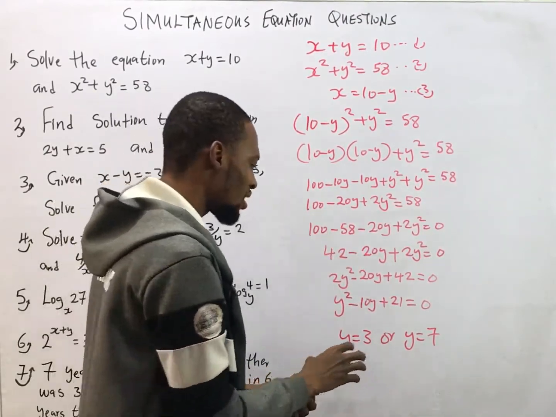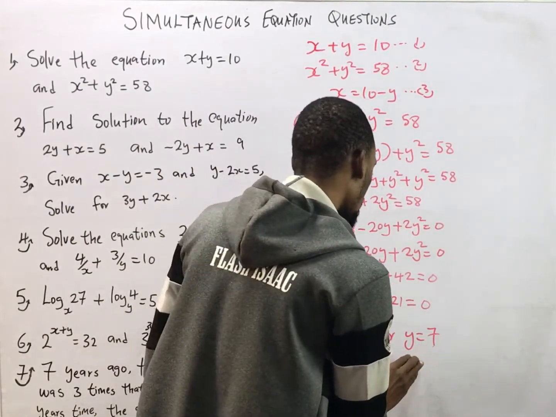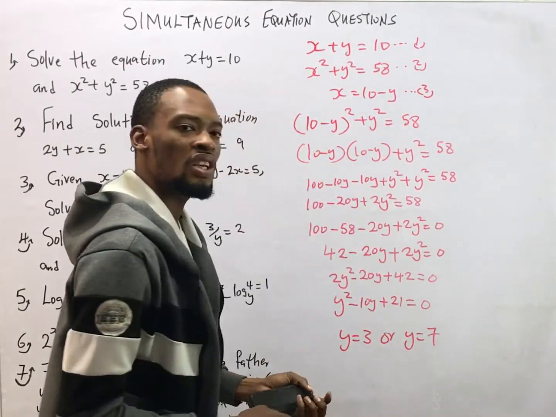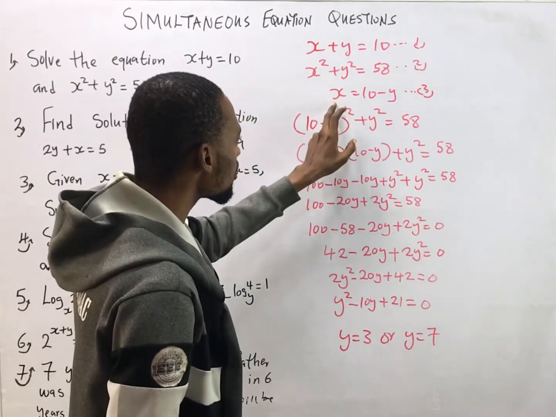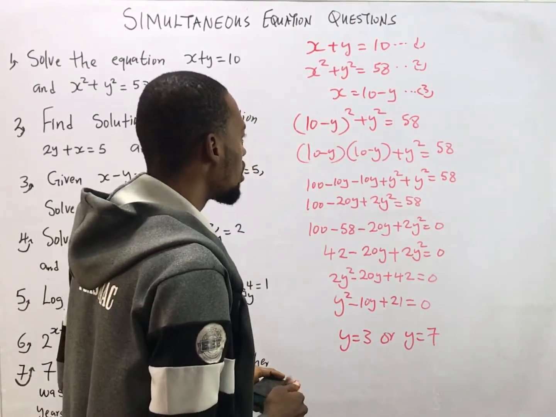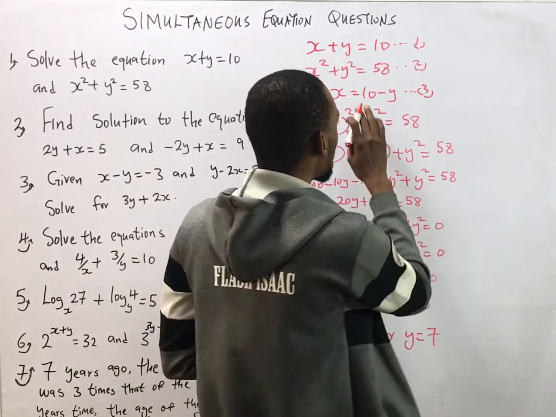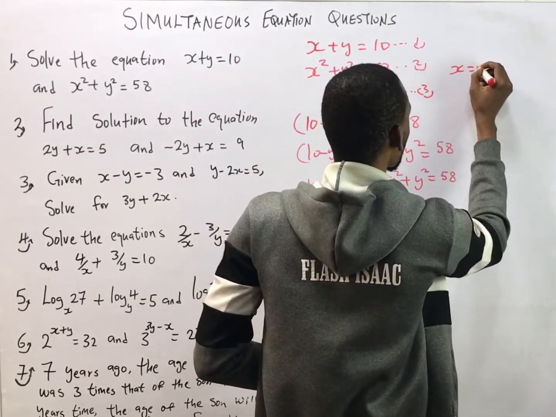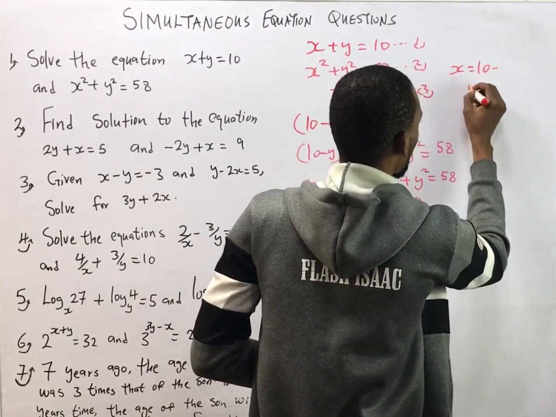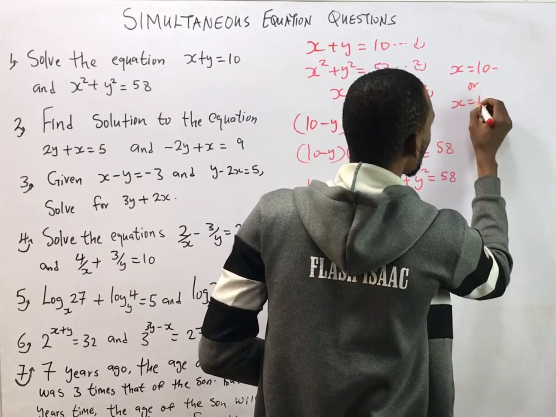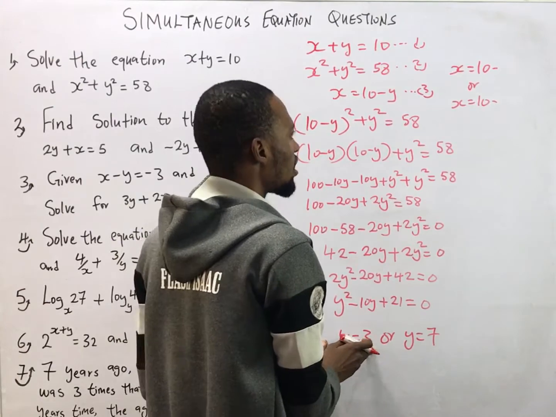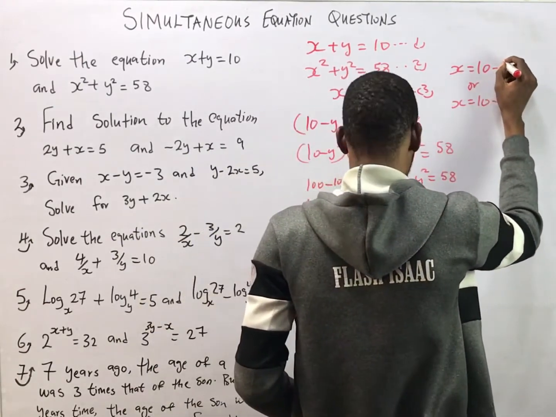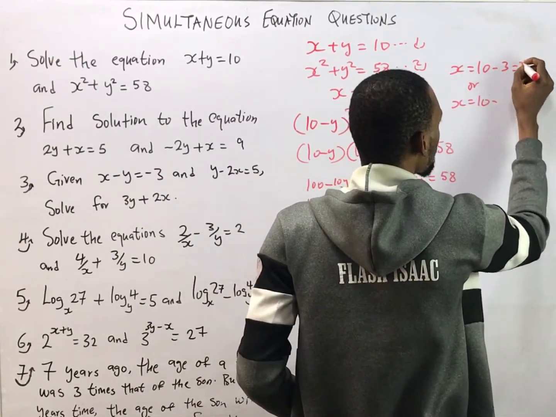You see that y is equal to 3 or y is equal to 7. Now, let's substitute the value of y into equation 3. From equation 3, we have that s equals 10 minus y. When y is equal to 3, s is 10 minus 3, equals 7.